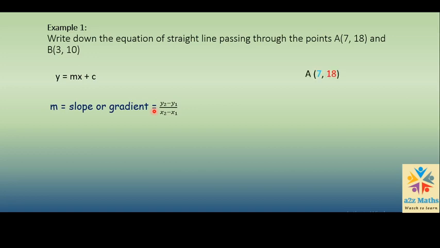Whenever you are using the formula, it's always helpful, though not a must, you can do it mentally, to write down the given points in the rough column, one below the other. It will help you to identify the y coordinates and the x coordinates, and make it easy to plug into the formula and avoid any confusion.